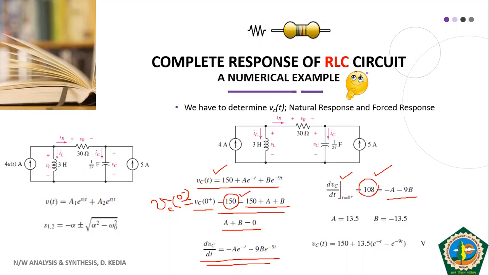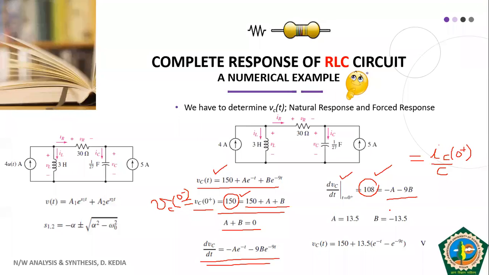And dear students, as I told you previously also, IC is equal to C dV by dt. So dVc by dt will be equal to IC upon C, and since this is at 0 plus, it will be IC 0 plus. So you need to find out IC 0 plus divided by C, and you will come across this 108 value.